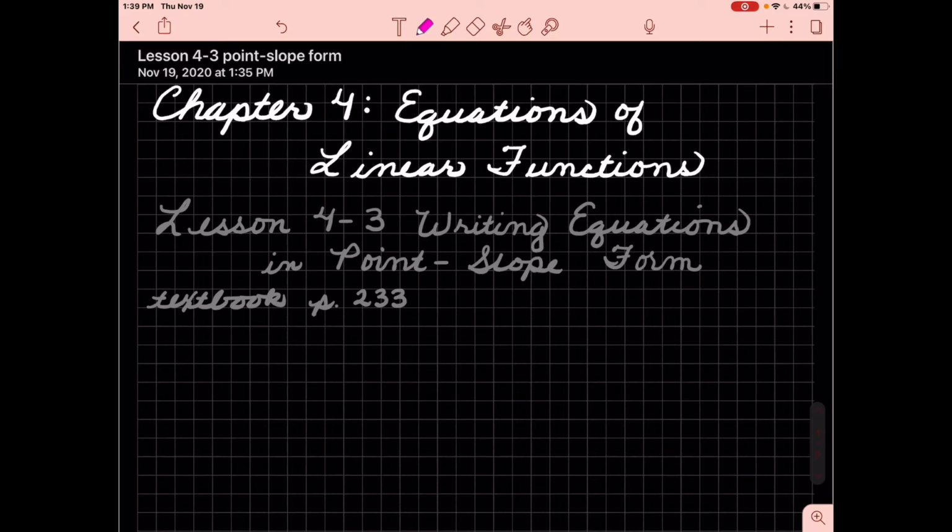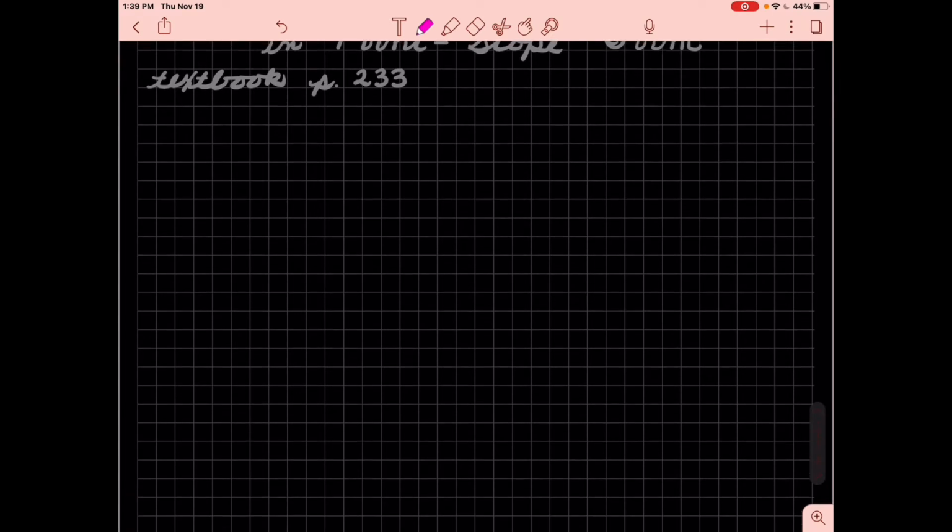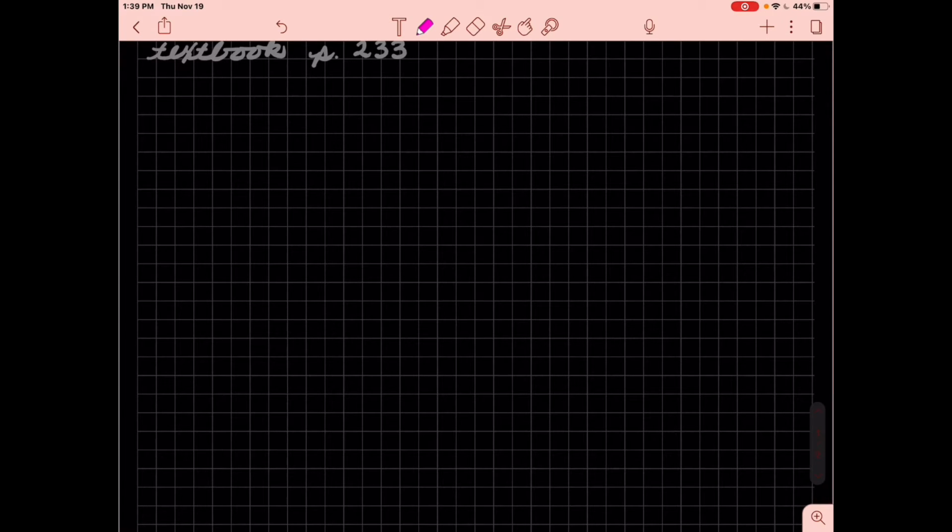So let's talk about point-slope form, or rather, let's review what you've seen before point-slope form. Up until now we've seen this form a little bit. This is called standard form. Really, this form, in my opinion, is not super useful.